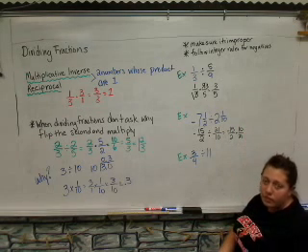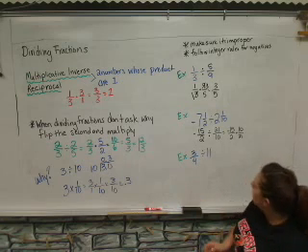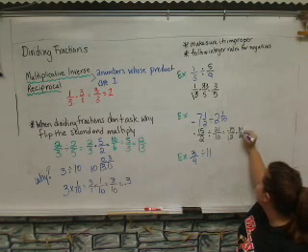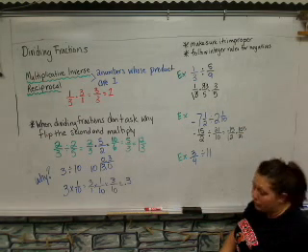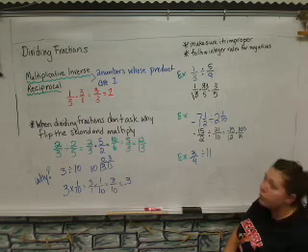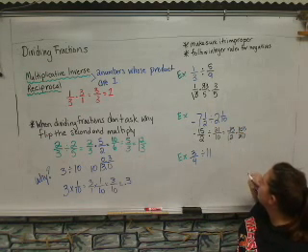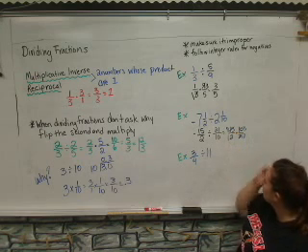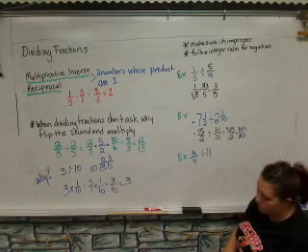There's a lot of cross-reducing that could go on here. 10 and 2 are both even, so they're both divisible by 2. That makes that 1 and that 5. I know 15 and 21 both have a factor of 3. 3 goes into 21 7 times, and 3 goes into 15 5 times. I think we're as cross-reduced as we can be.